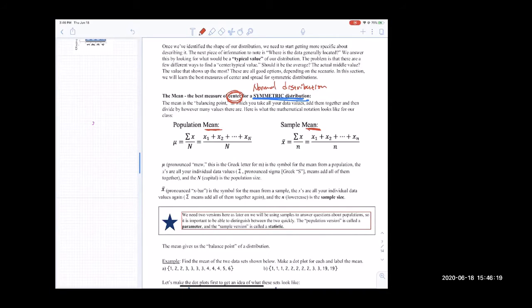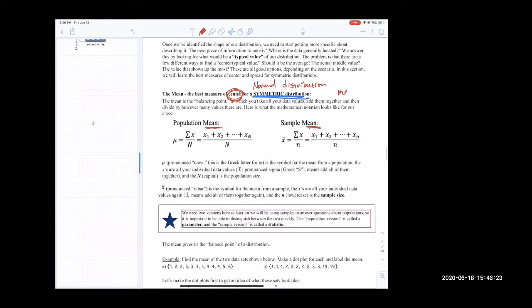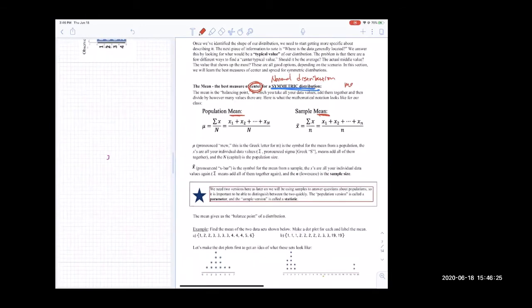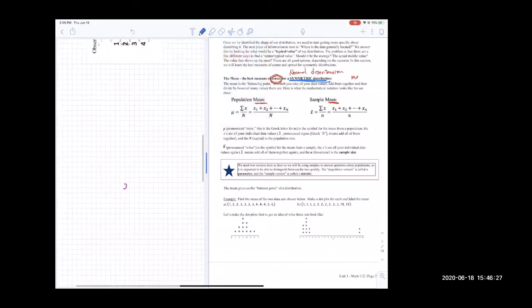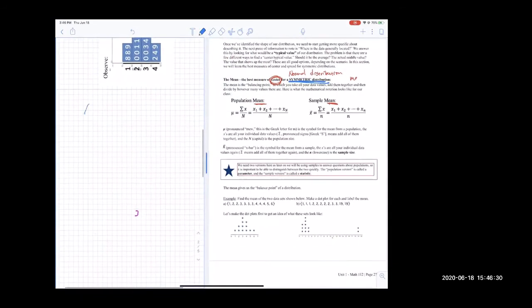There are actually 3 different averages: mean, median and mode.